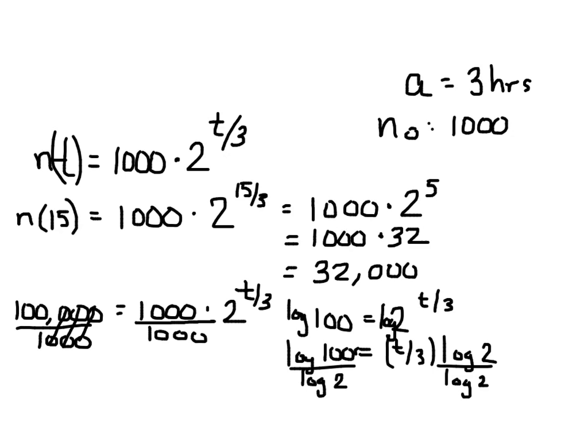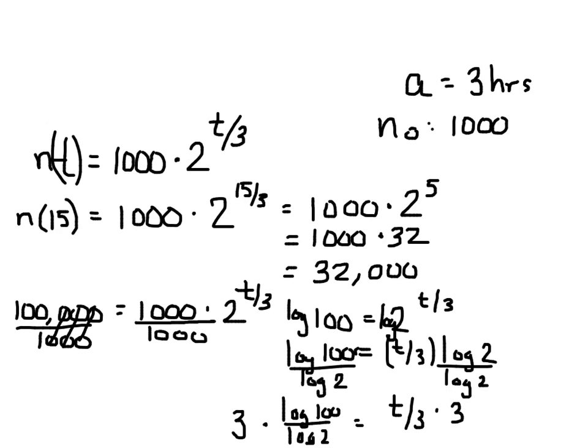Just so you know, the log of 100 divided by the log of 2 is not the same as the log of 50. You can use your calculator to do all that work for you. So the log of 100 divided by the log of 2 equals t divided by 3. To get rid of the divide by 3, you multiply both sides by 3.